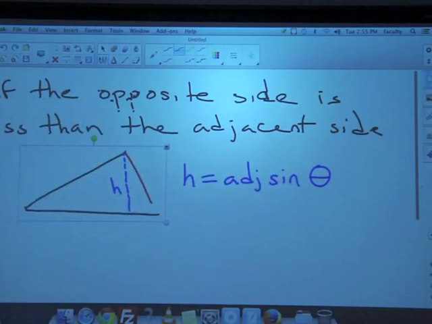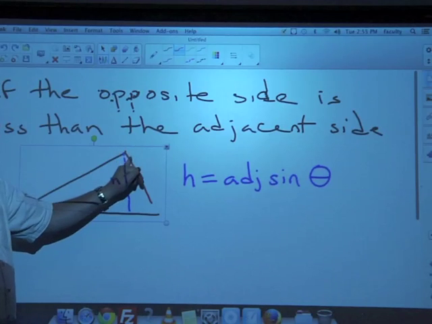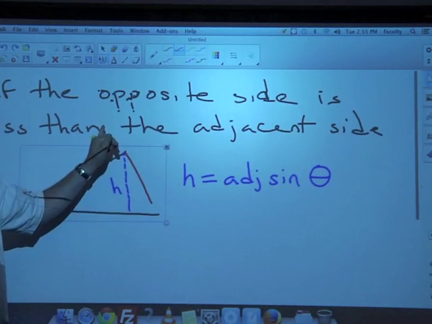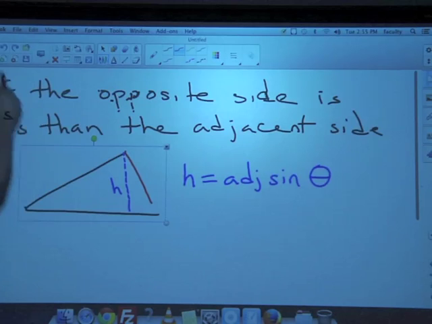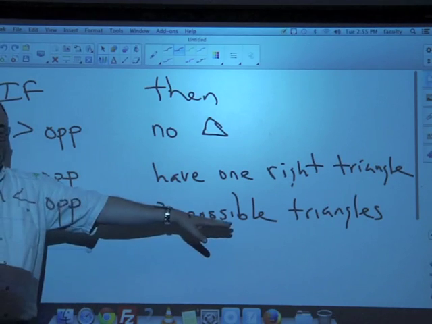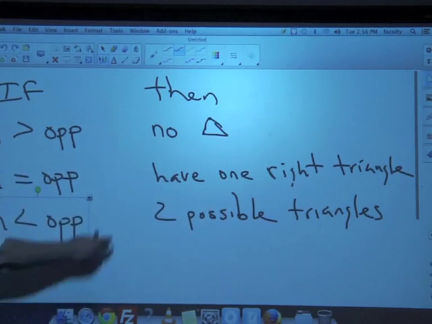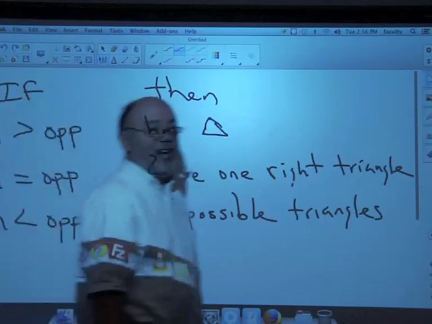Now the question is how does the length of this red side, the opposite side, compare to H? That's where you get to the three possibilities. So in my case, my height was 8, my opposite side was 15. Therefore, two possible triangles. Again, opposite means opposite to whatever angle I gave you.